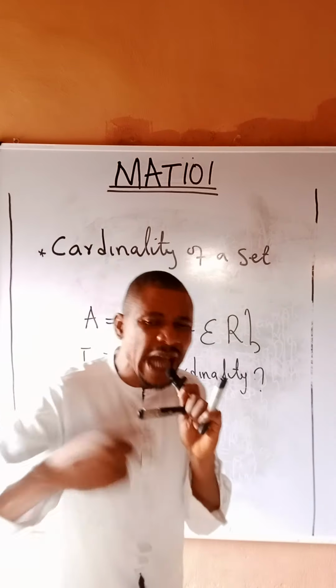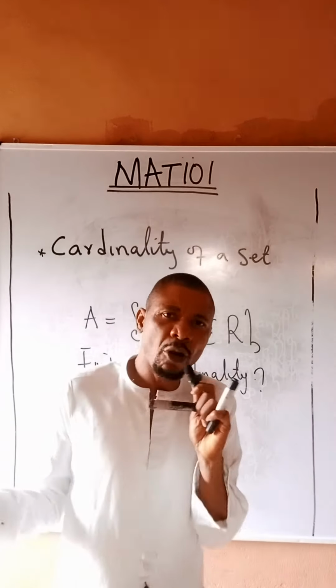Real numbers are uncountable. They are many, so we cannot count them.